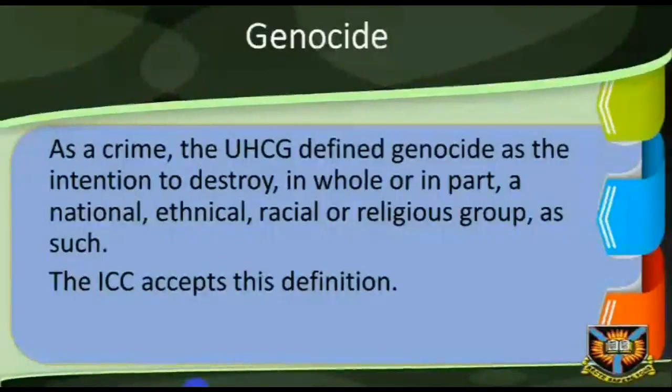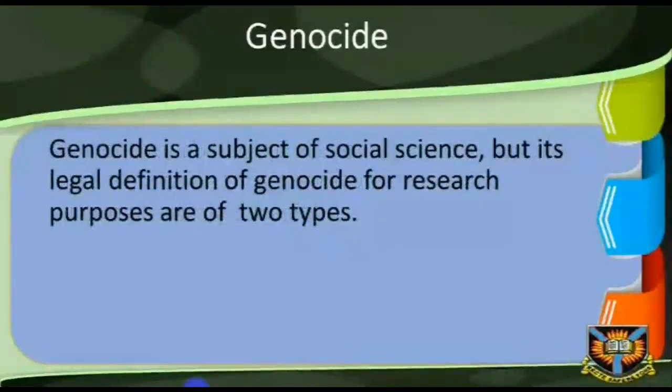Noteworthy is the fact that the ICC now covers not only genocide but crimes against humanity that include, aside from genocide, government murder, extermination campaigns, enslavement, deportation, torture, rape, sexual slavery, enforced disappearance, and apartheid.